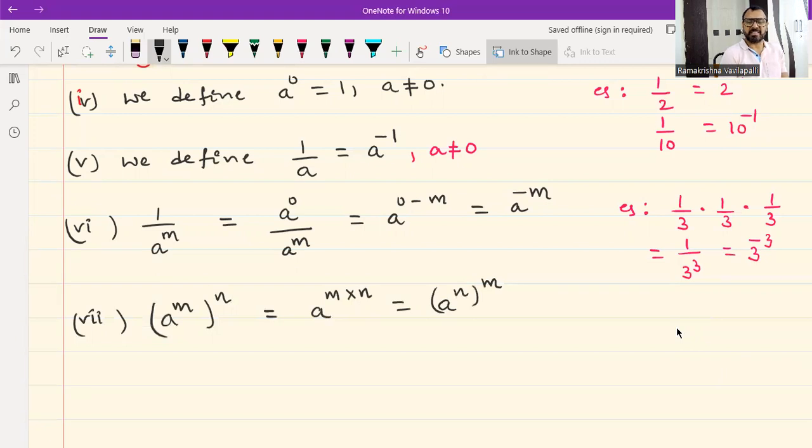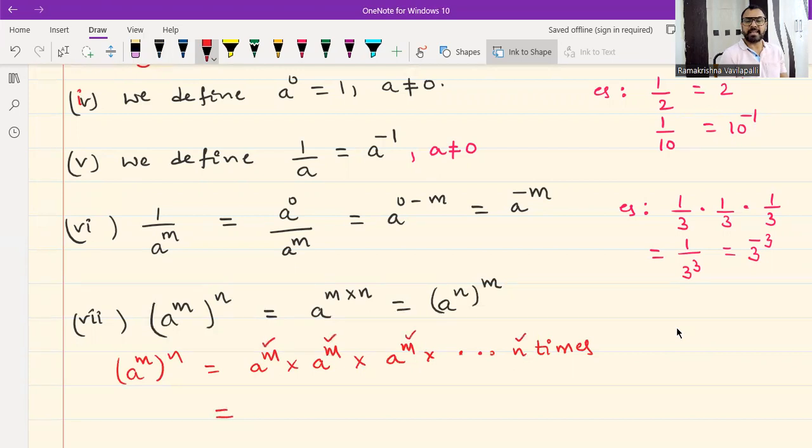So here the proof is quite simple. a to the power of m whole to the power of n means you have to multiply a to the power of m, n times. So a to the power of m, a to the power of m, and so on. How many times? n times. So using that product rule, we have to add these powers n times.